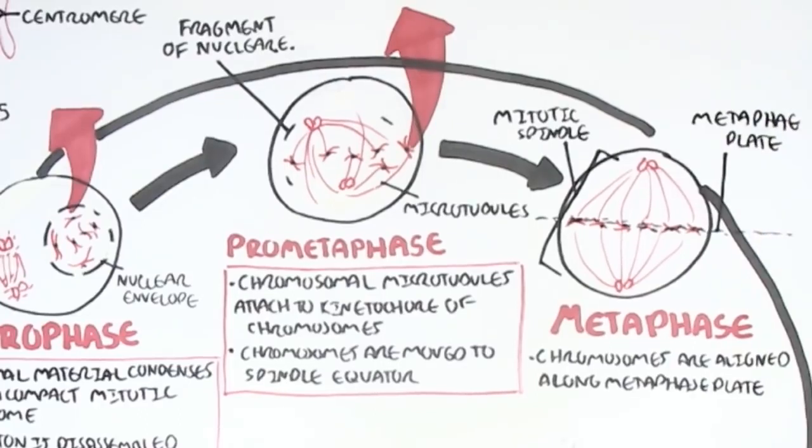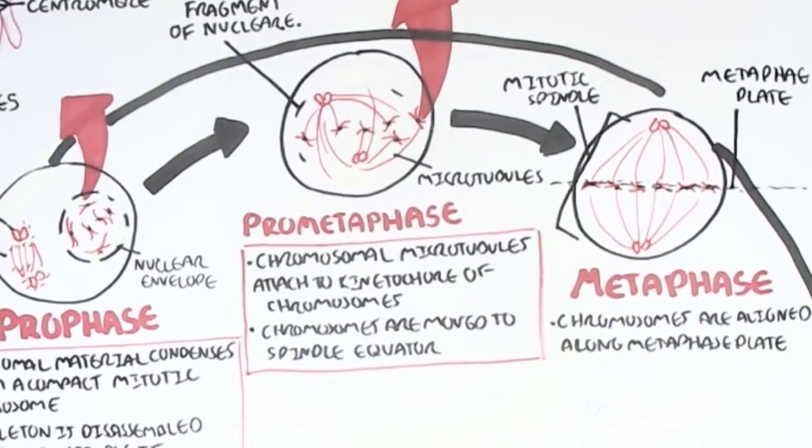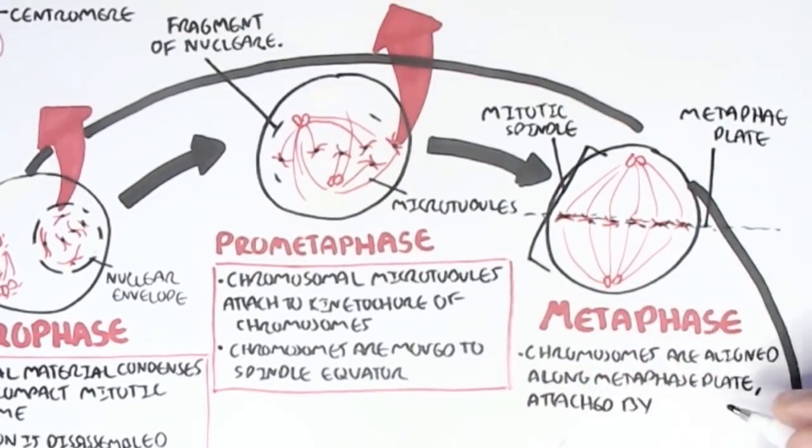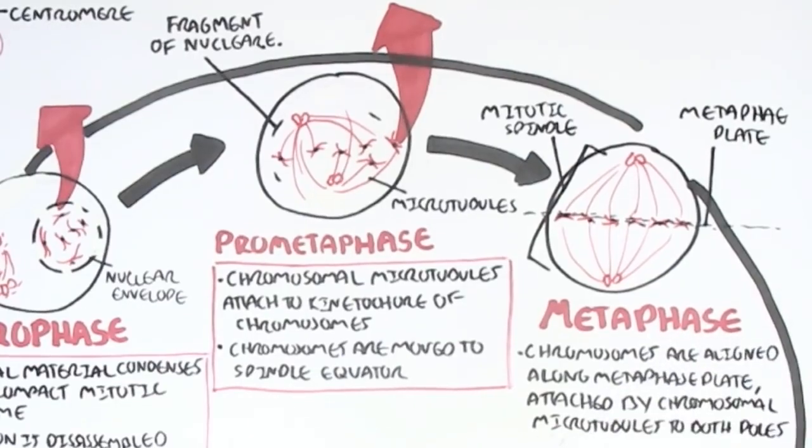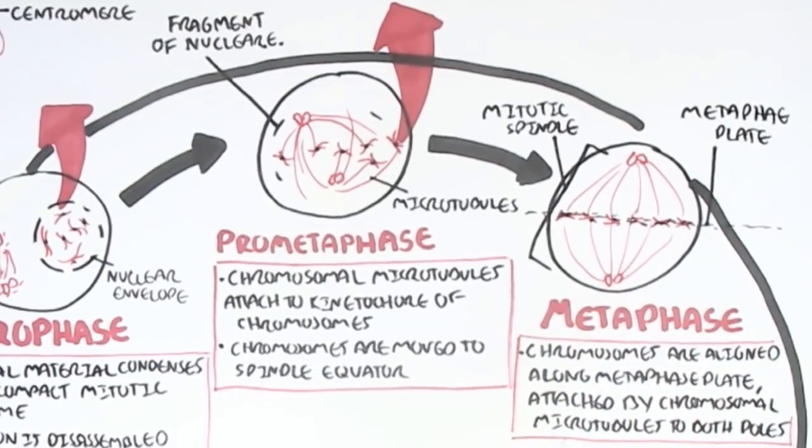The duplicated chromosomes aligned on the metaphase plate will be attached by the chromosomal microtubules at both poles. What this means is that the centrosomes on each of the poles will have microtubules attaching to the same chromosomes.